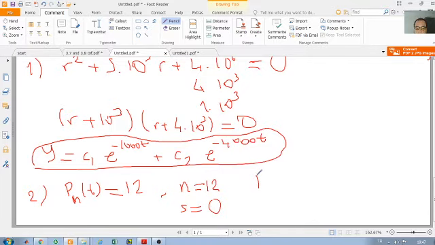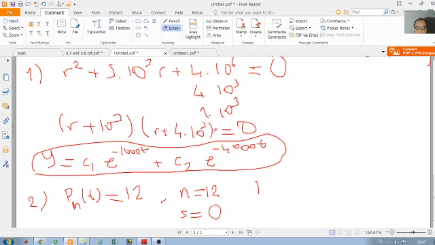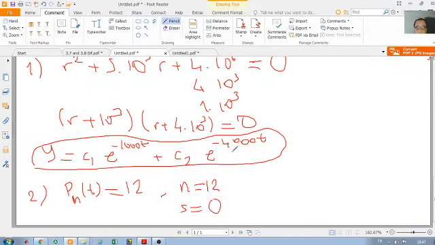So the particular solution will be q_p of t, is equal to t to the power s, which is equal to 0.